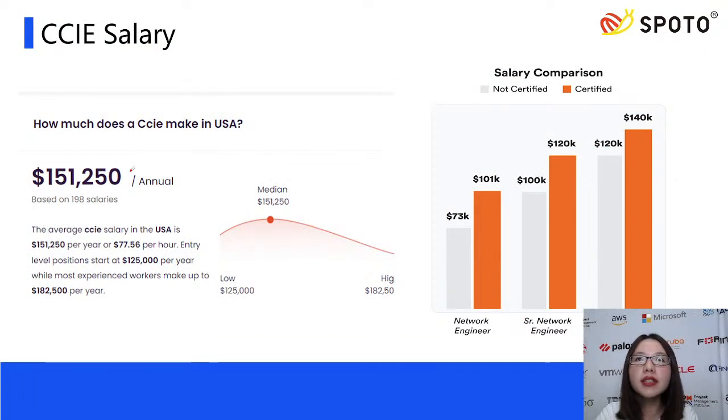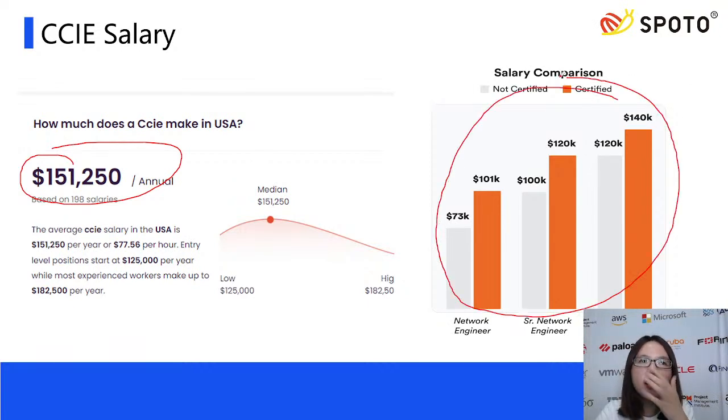The average CCIE salary in the USA is $150,250 per year, and you can see from the right chart there are huge gaps in salary between certified and non-certified professionals.